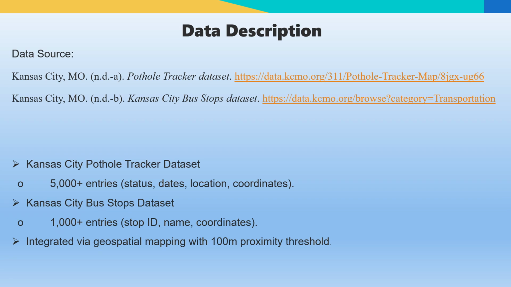The second data set, that is the Kansas City bus stop data set, contains over 1,000 records with bus stop IDs, names, coordinates. I would also mention how I integrated these datasets using geospatial mapping, applying a 100-meter proximity threshold to link potholes with nearby bus stops. The integration allowed me to assess where potholes have the greatest impact on public accessibility.